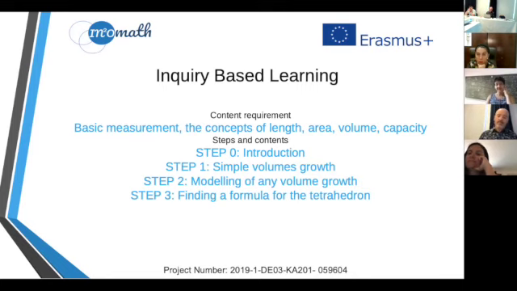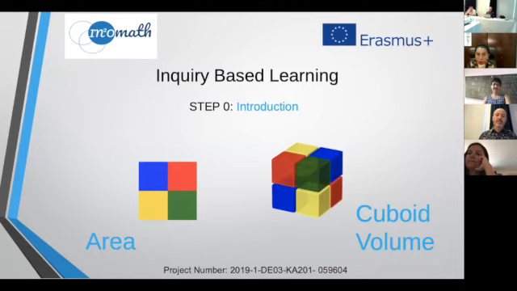So, step 0 is the introduction, having the students talk about volumes and about different types of physical quantities, length, area, volumes, and especially the way they double, right? And having them play with actual physical things, that is to say little squares and dice for the cubic volume.